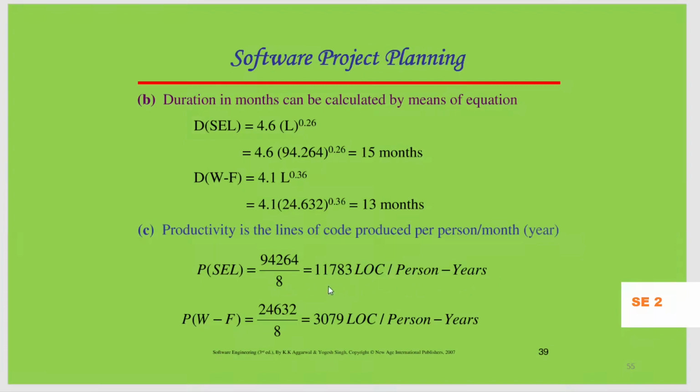Okay, so that's easy. That's what one person can produce. And then, for Walston and Felix, 24,632 over 8 is equals to 3,079 lines of code per person in 1 year. So, that's the difference.